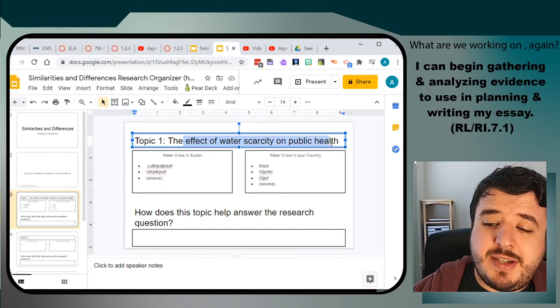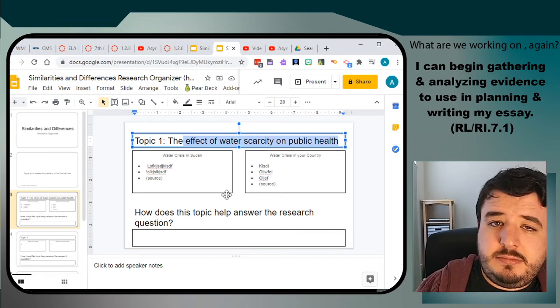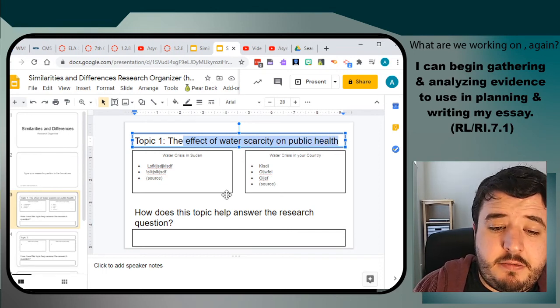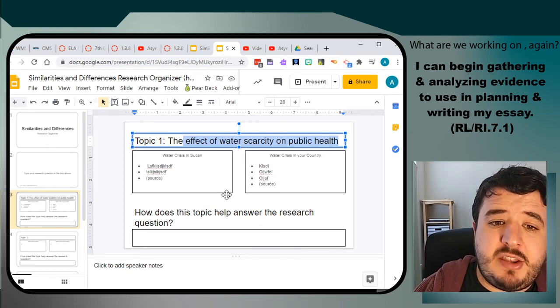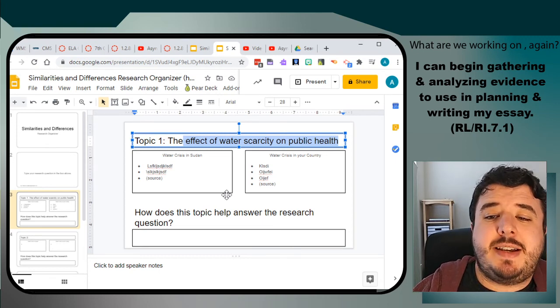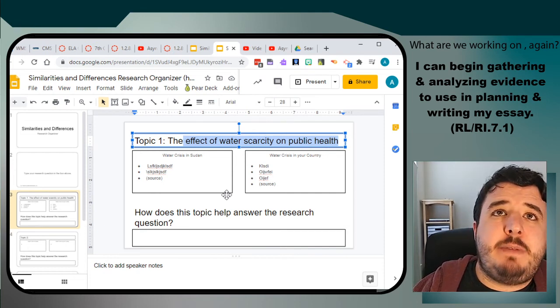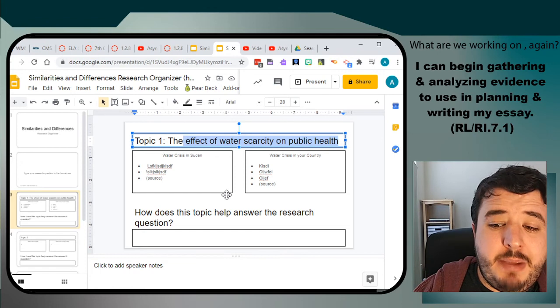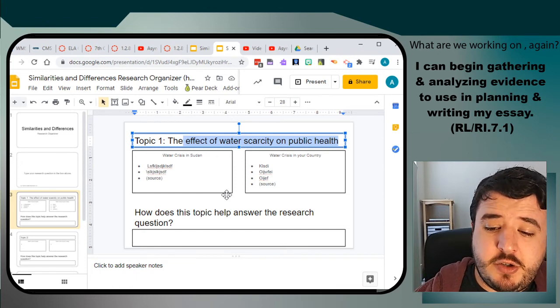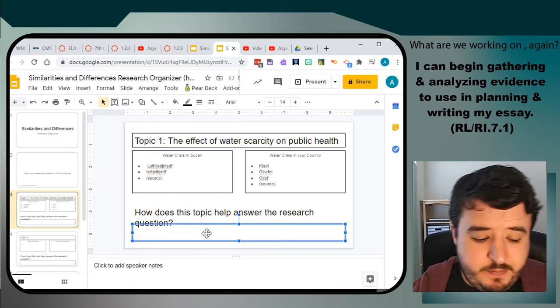For water scarcity and public health, is that an example of the problems that they're facing being in common, or is it an example of them being different? Is Nya and Salva's experience typical or atypical based on the information that you found in your research? That's what goes in this box down here.